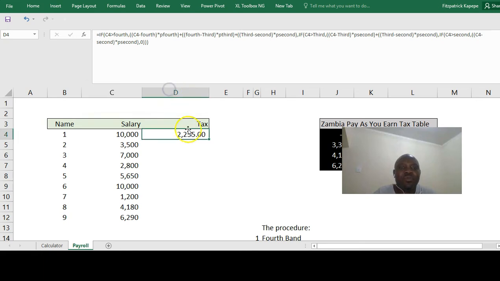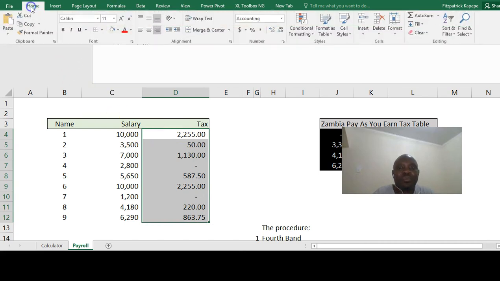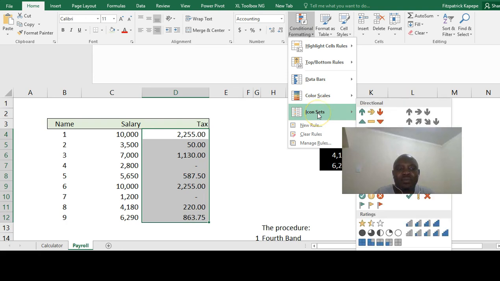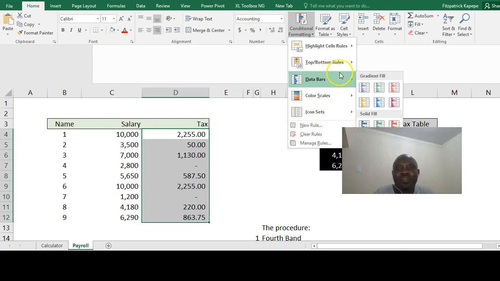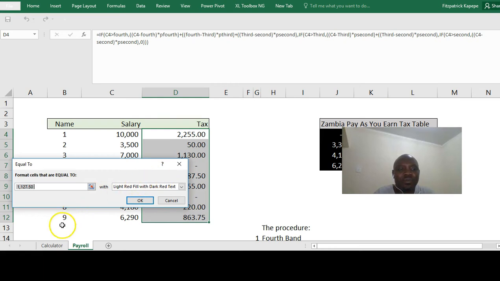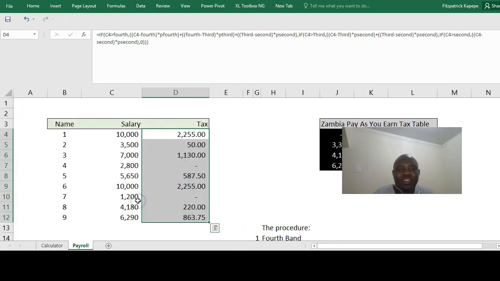Okay, let's see if it works. So here, let's put some conditional formatting. Conditional formatting, we say highlight equal to what is in the calculator here. Press OK.